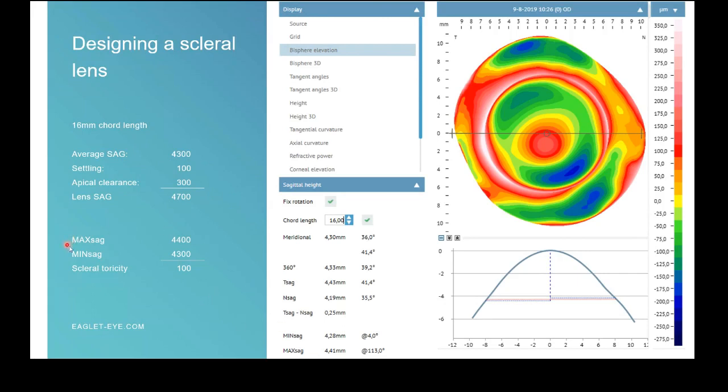So I take the max sec, so the highest sagittal height of this eye, which is 4,400. You can see it down here as well, 4,410. And the min sec, which is 4,300. The difference between them is the amount of scleral toricity and is the number that I will use to design a scleral lens.